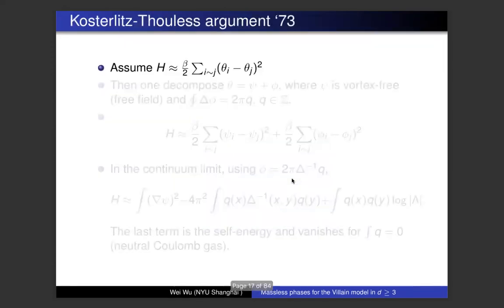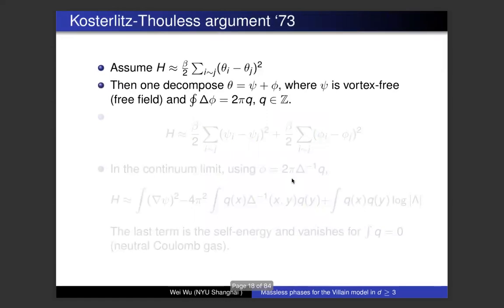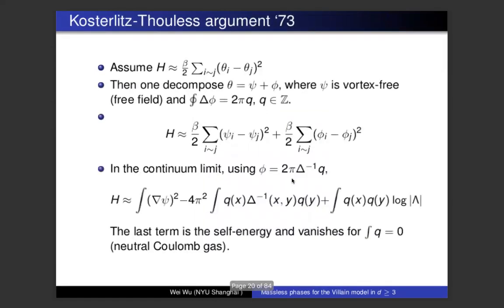So there is some very non-rigorous argument by Kosterlitz and Thouless, which I won't go into, but they think that they can separate out the contribution from the spin wave and the vortex. And basically what they believe is that the vortex and anti-vortex behave like a neutral Coulomb gas.